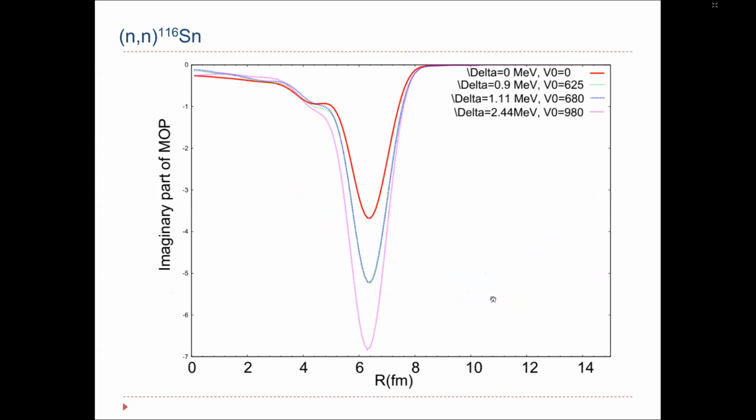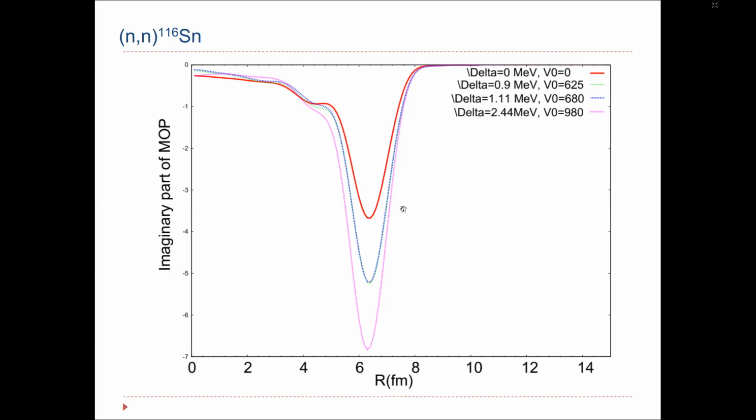Here I plot the imaginary part of the optical potential when I take into account the pairing. For example, the red color is without pairing. Okay. And then I have pairing at 1 MeV with the corresponding V0 of 725 MeV in the ring curve.